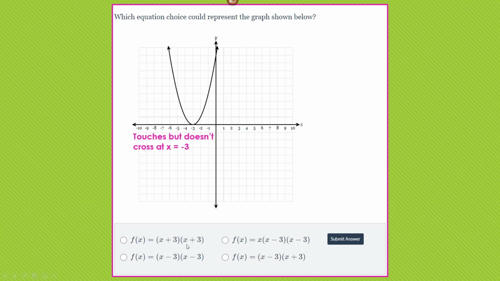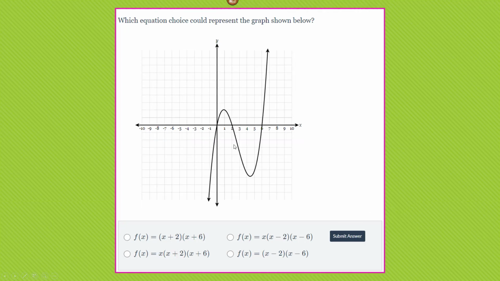And so the only one that fits that here would be this choice, all right? Because again, it touched at -3 but did not cross. I knew that my multiplicity had to be even, all right? And this is the only one that gives me a 0 of -3 with an even multiplicity.